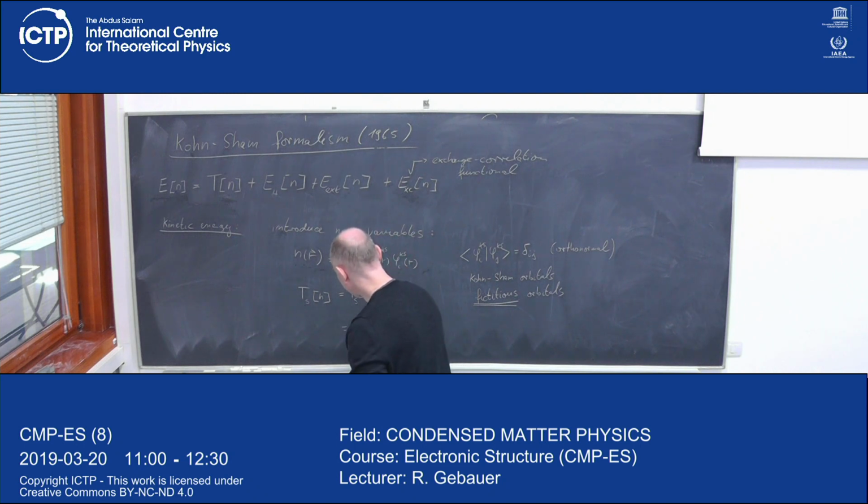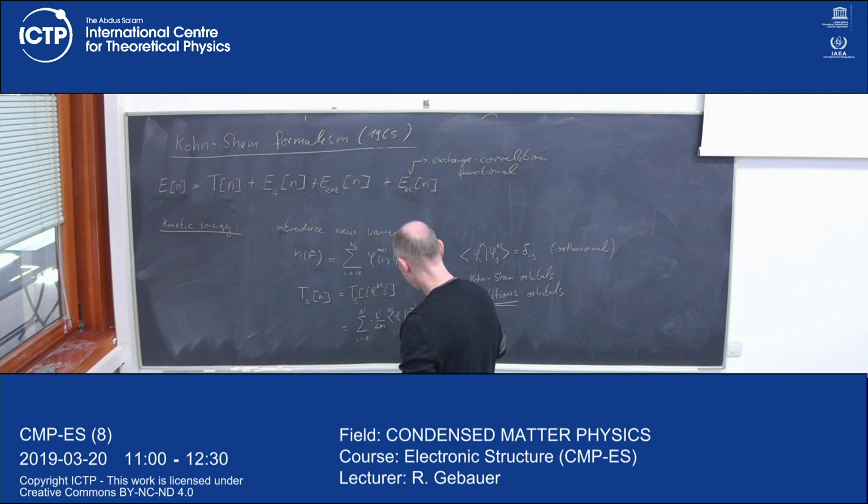And it is what you would expect: the sum of h bar squared over 2m, phi_i KS, second derivative of phi_i.